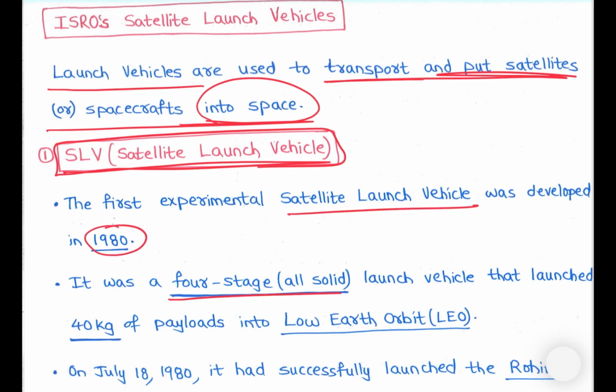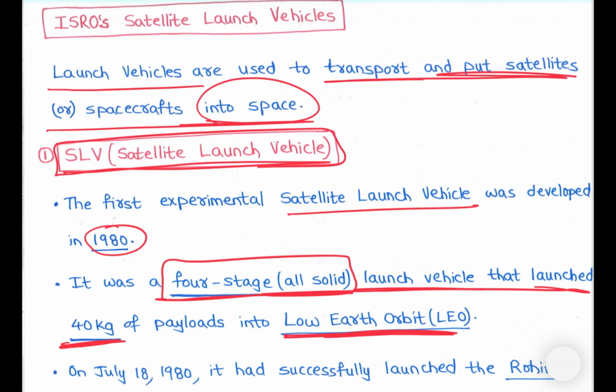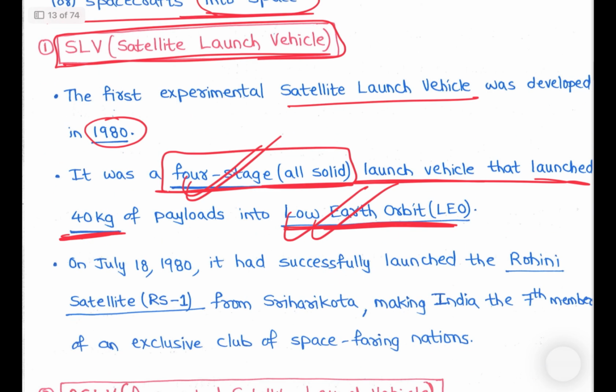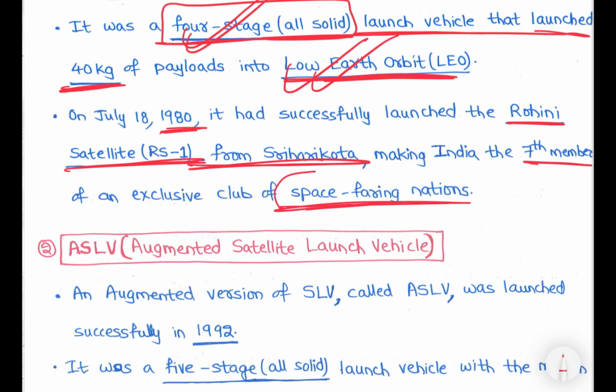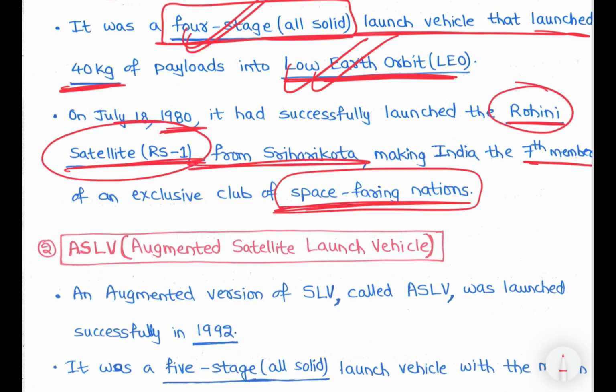It was a four-stage all solid launch vehicle that launched 40 kg of payloads into low earth orbit. In July 1980, it successfully launched Rohini Satellite 1 from Sriharikota, making India the seventh member of an exclusive club of spacefaring nations. Rohini 1 satellite was launched using SLV 3, in 1980.